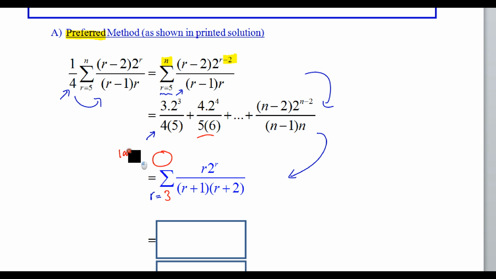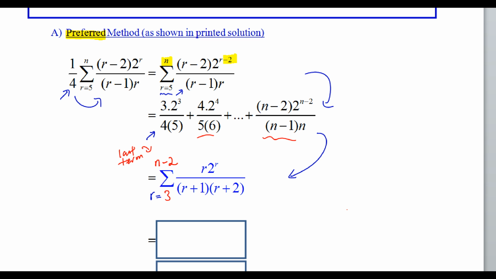Now, what do I substitute here as the last term, such that I get this last term? Not difficult either. I think it's easy to see that this is n minus 2.